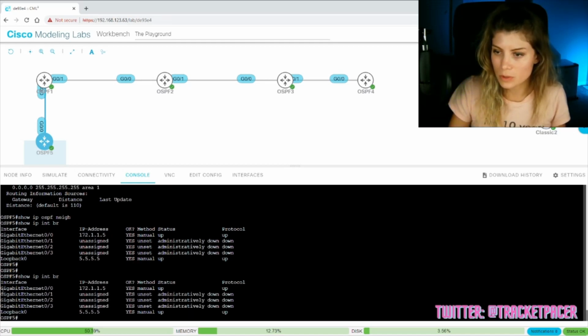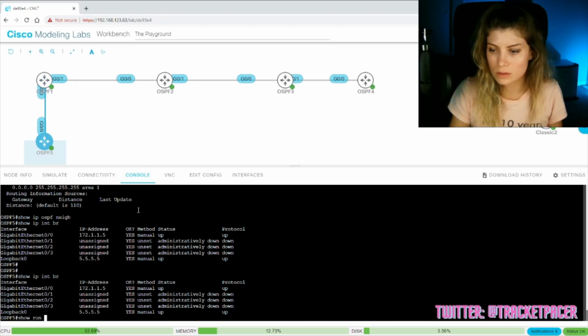Right now I'm trying to figure out why OSPF 5 is not connecting, not forming a neighborship with OSPF 1.